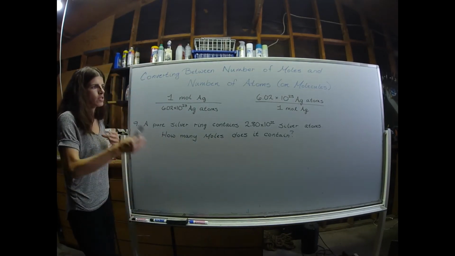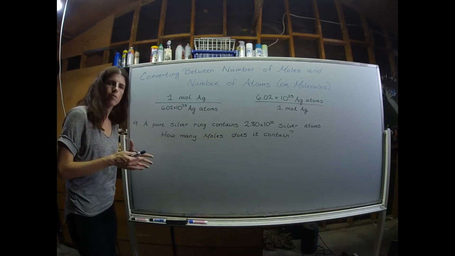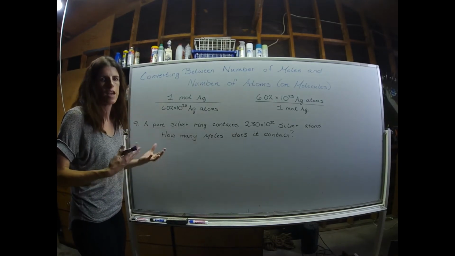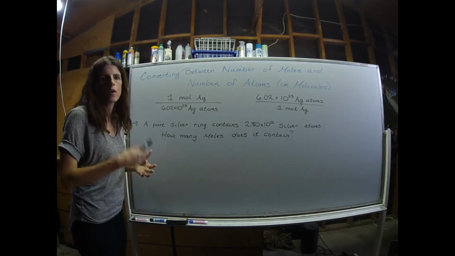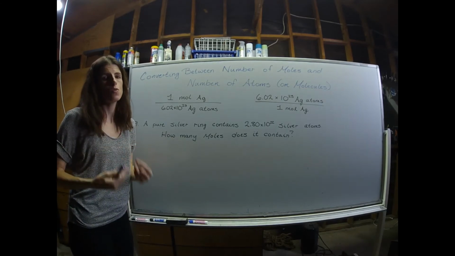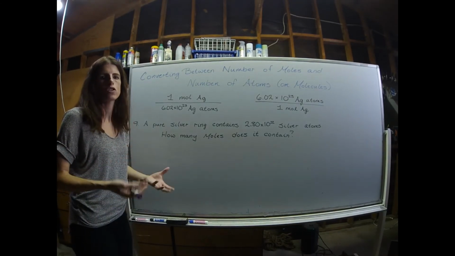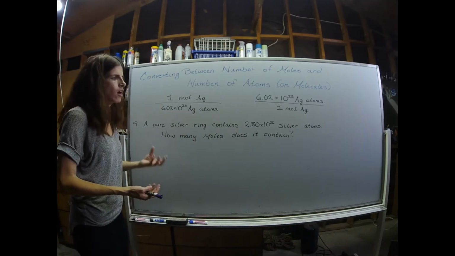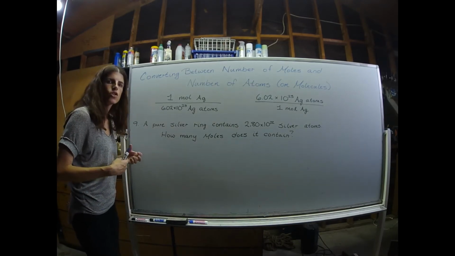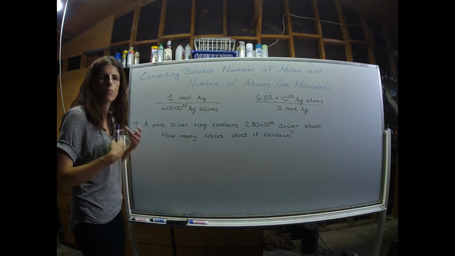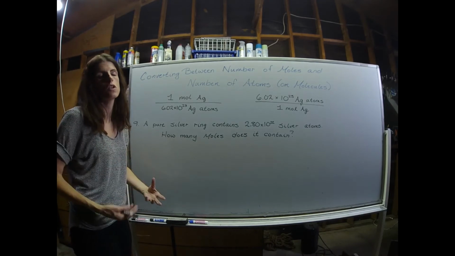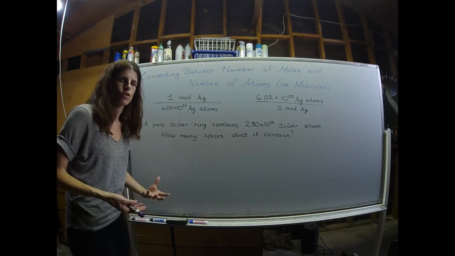Now, this is a new area of chemistry for many of you. It's called stoichiometry. However, stoichiometry is just a fancy word for dimensional analysis. And a lot of the technique here should remind you of the approach and the techniques that we used when we were doing our measurement conversions.